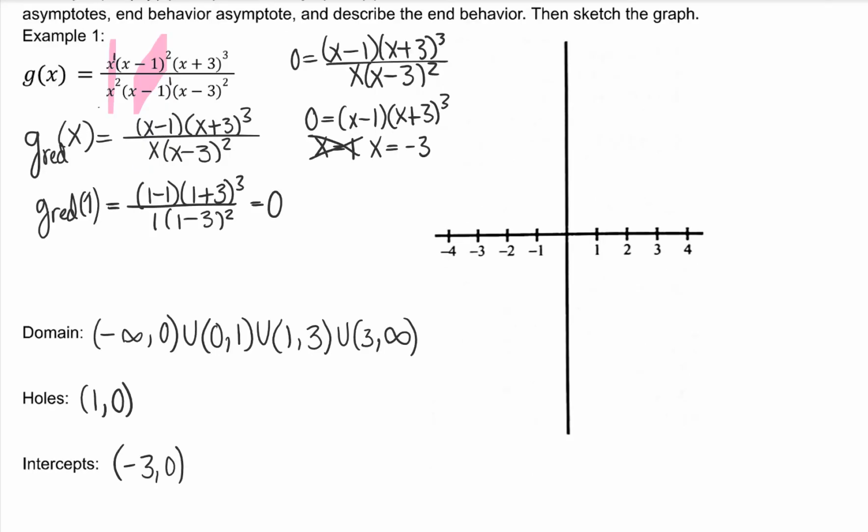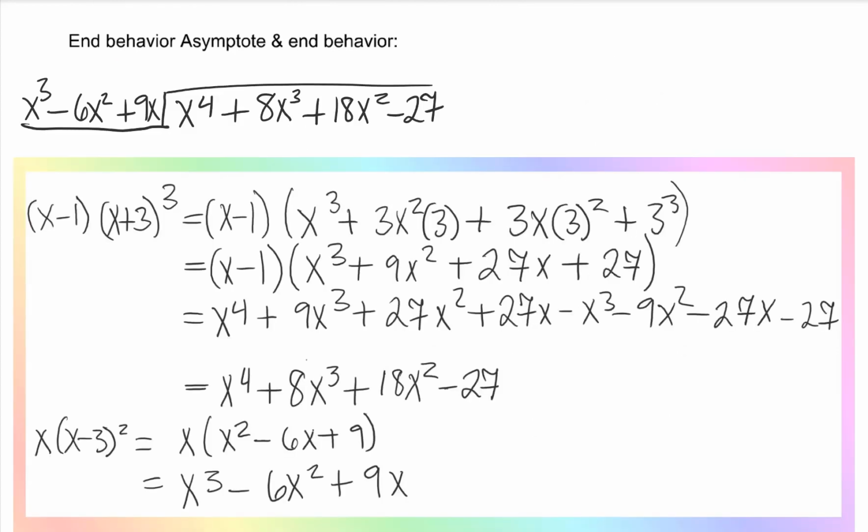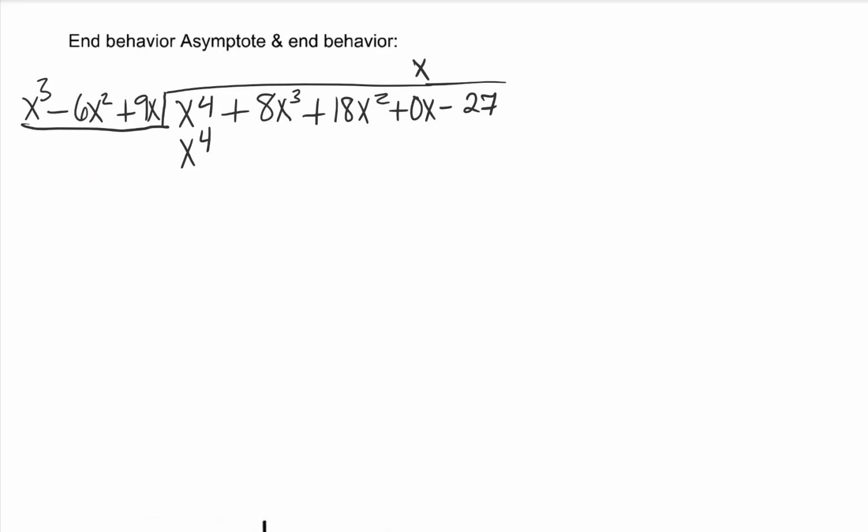So I'm going to do the long division on the reduced form, but I will need to expand it. All right, after expanding, let's divide. x to the 4th divided by x cubed is x. Oh, look, we don't even have an x term in here. I'm going to add one of those. Multiply -6x cubed and 9x squared. Go ahead and subtract. 8 plus 6 is 14x cubed plus 9x squared.